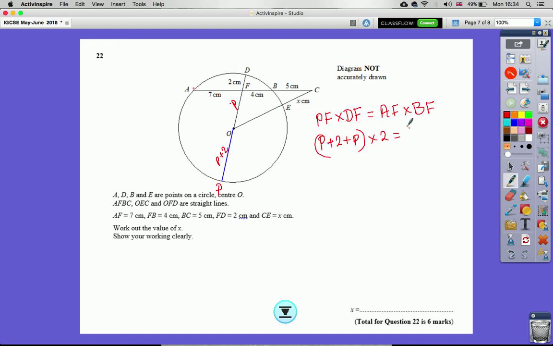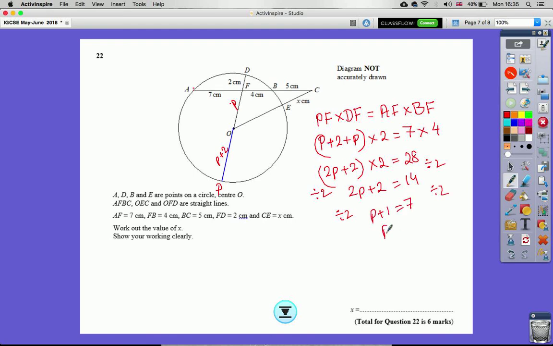AF is 7 and BF is 4. So if I simplify that, I get 2p plus 2 times 2 is 28. Divide both sides by 2, so you get 2p plus 2 is 14. And if I divide both sides by 2 again, I get p plus 1 is 7. So p is 7 minus 1, 6.